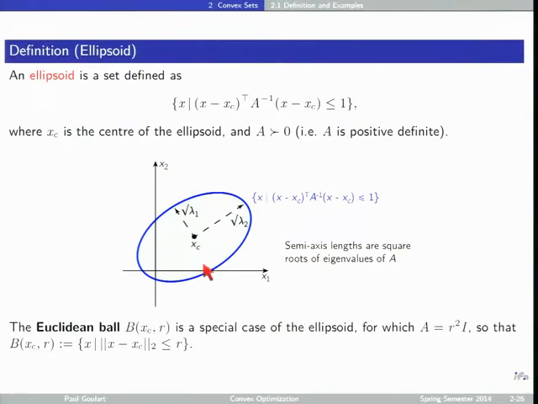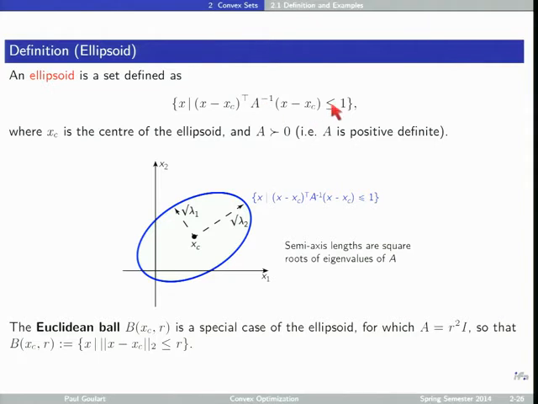Now a variation of the 2 norm would be an ellipsoid. An ellipsoid is one where you take the set of all x's, you give me some center xc, which is a fixed vector, and I take all the points where the distance to xc, transposed, times A inverse, times the distance to xc has to be less than 1.